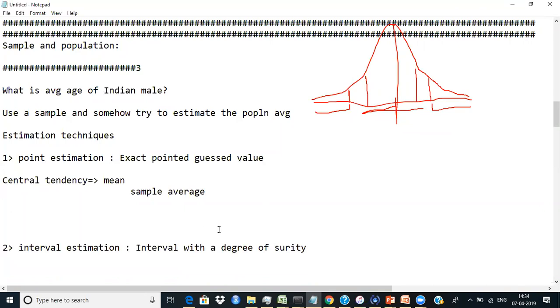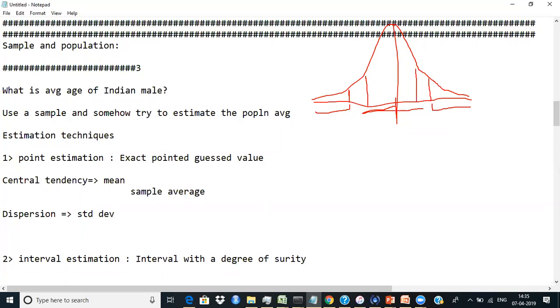Similarly, if you are trying to estimate dispersion, which is the most common measure? Standard deviation. The most common measure of dispersion is standard deviation. Now, the most accurate way of estimating the population standard deviation based on a sample is the sample standard deviation.